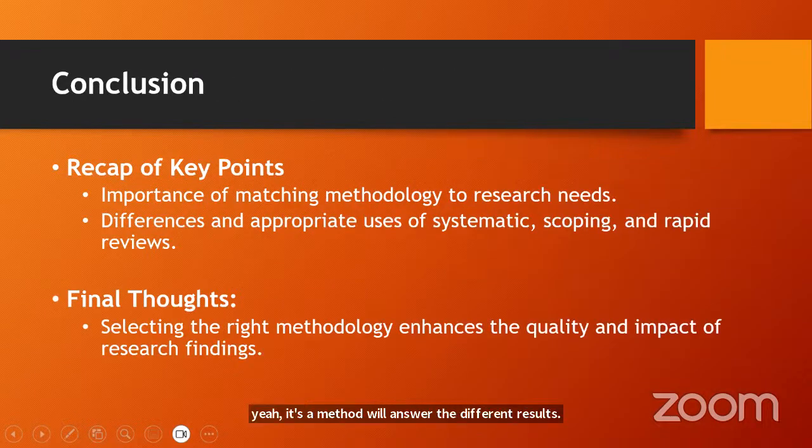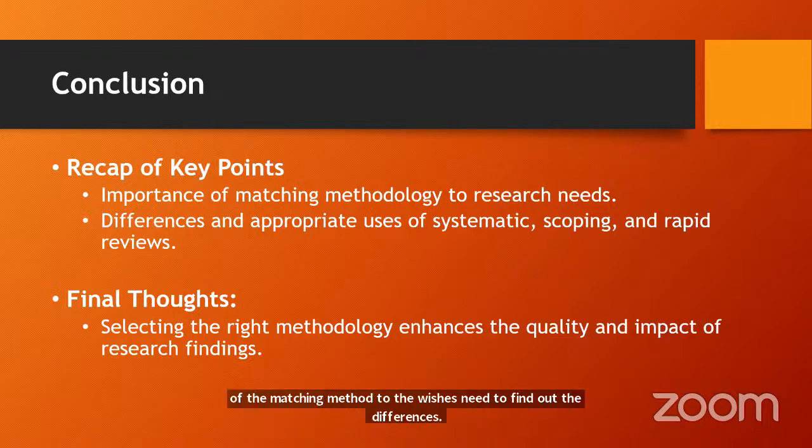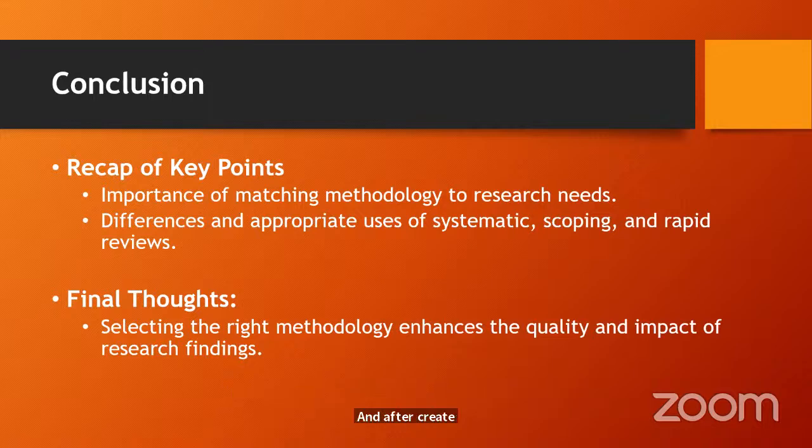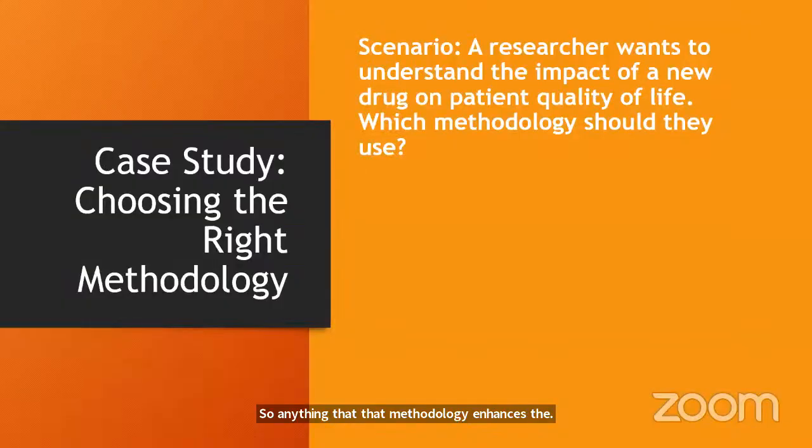So I'll just conclude: there is always an importance of matching the method to the research need. We need to find out the differences and appropriate use of systematic, scoping and rapid reviews. Selecting the right methodology enhances the quality and the impact of the research findings.